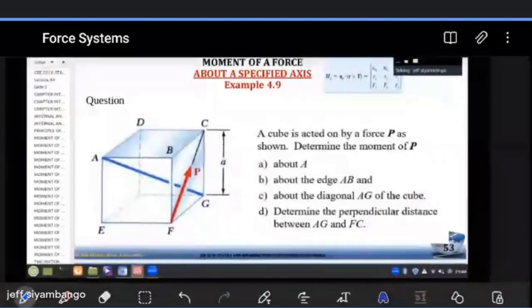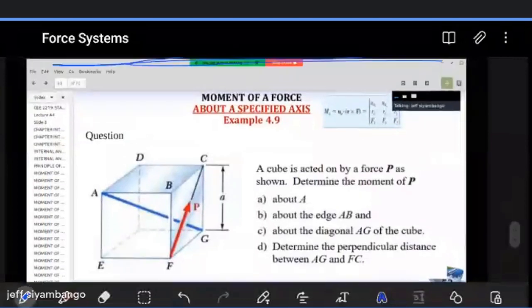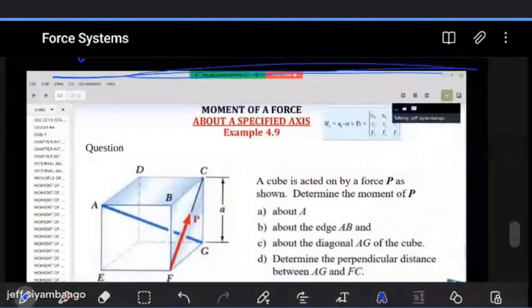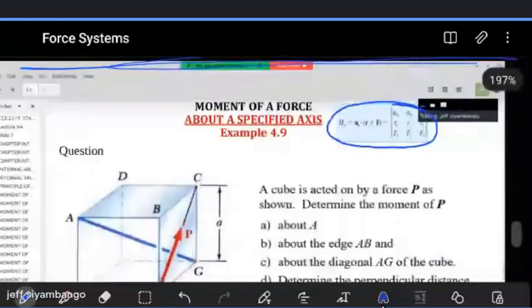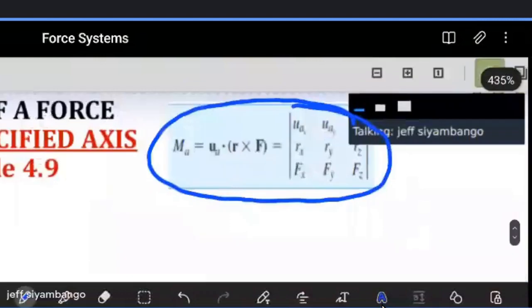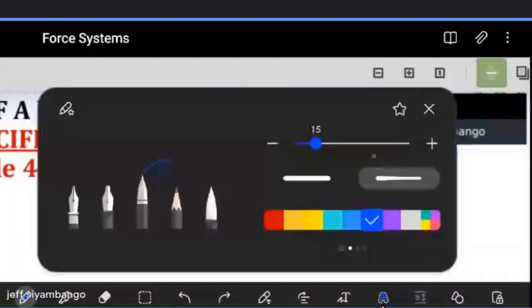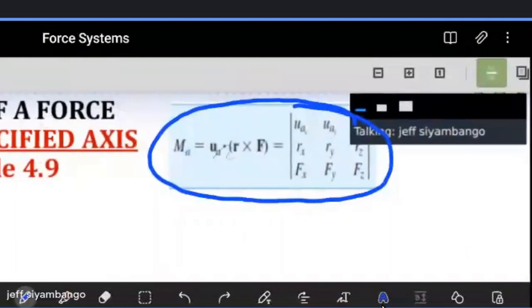For us to understand that, we have one simple expression that we're going to be using, which I wrote earlier as well. To evaluate the moment of a force about a specified axis, if A represents the axis that has been specified, then the moment we're interested in is equal to a unit vector that points in the same direction as that axis.